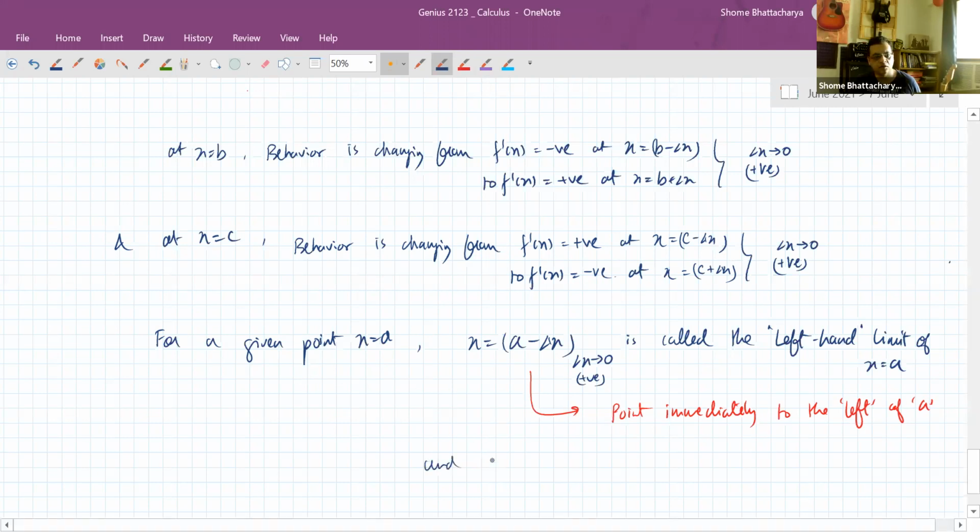And x equal to a plus delta x, with delta x tending to 0 and a positive quantity, is called the right hand limit of x equal to a.